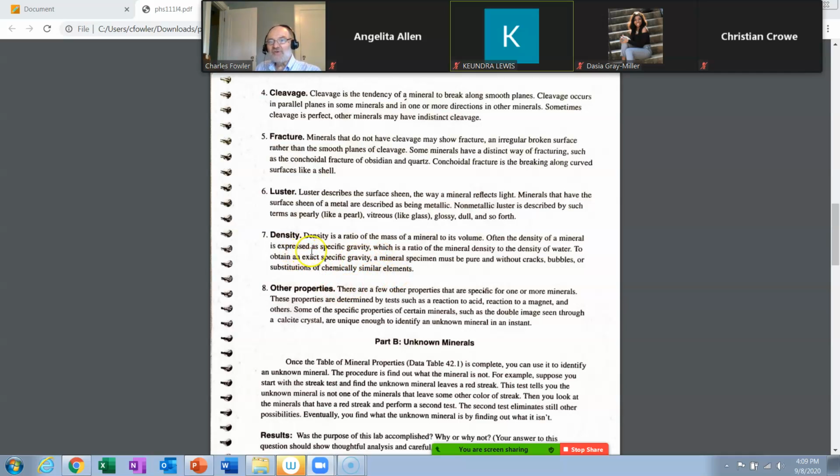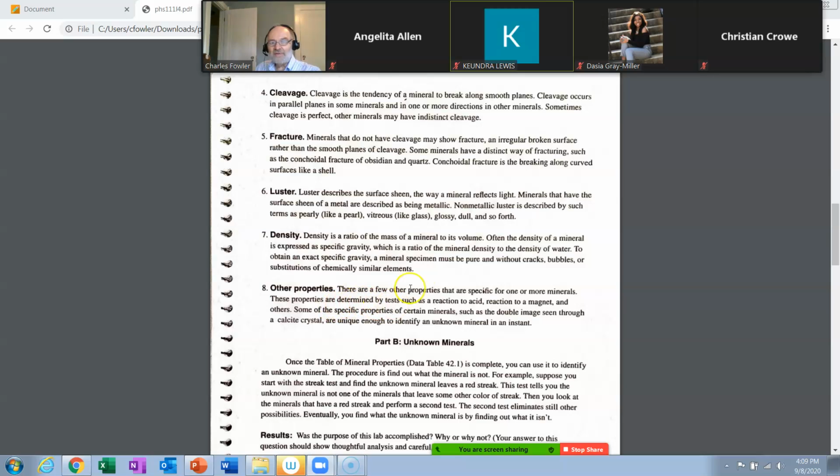Now, if it's given units, then it's called density. If it doesn't have units, it's called specific gravity. That's the ratio of its density to the density of water, and in grams per cubic centimeter, which is what we usually use, the density of water is exactly 1, so the ratio just loses the units.